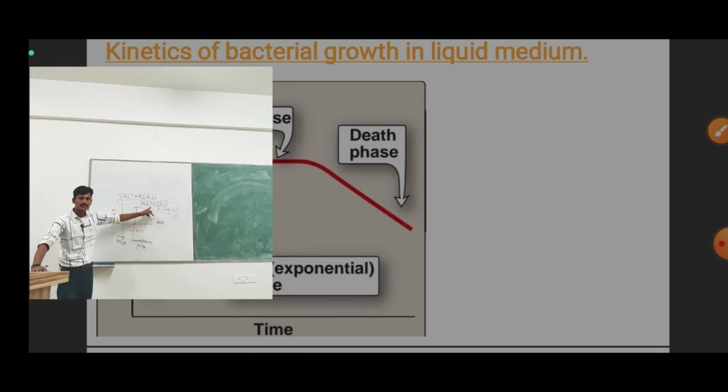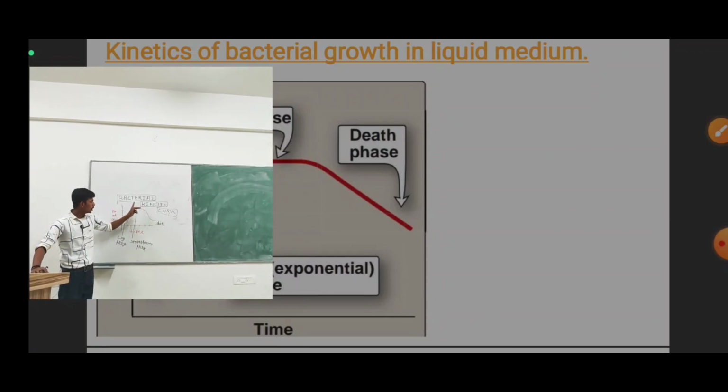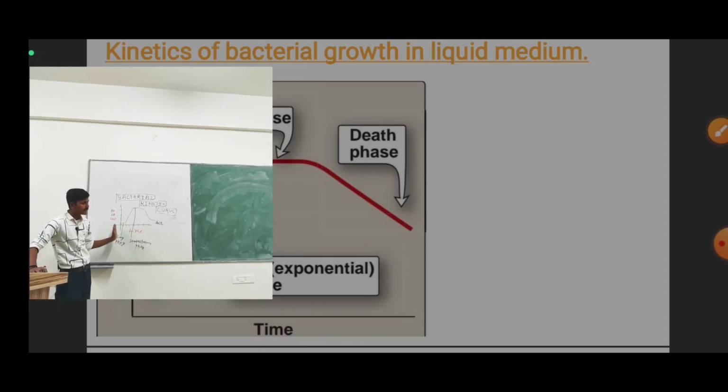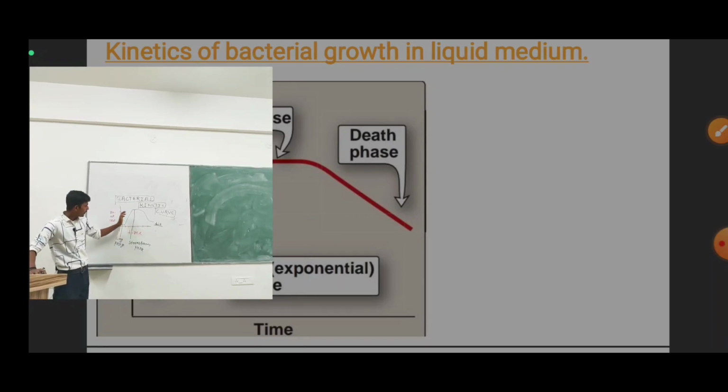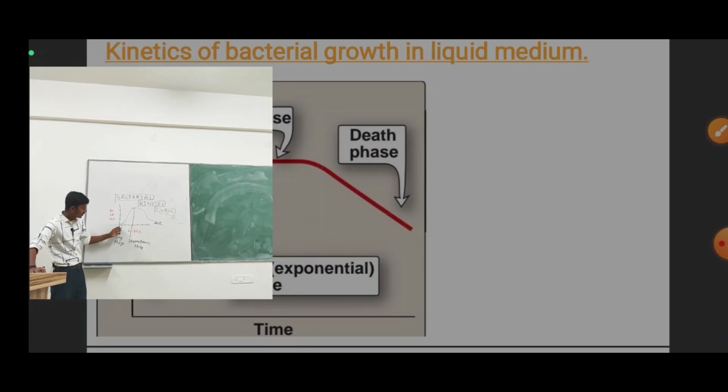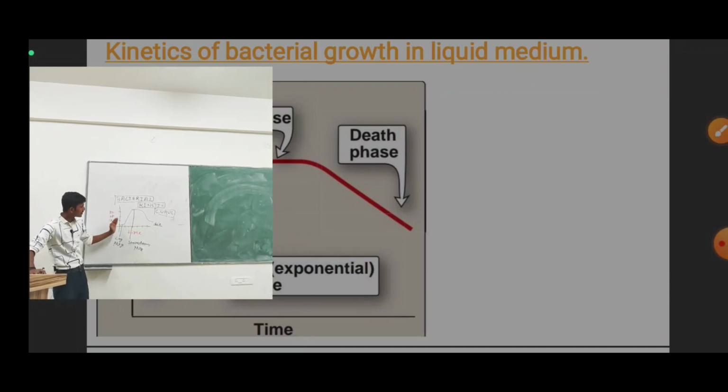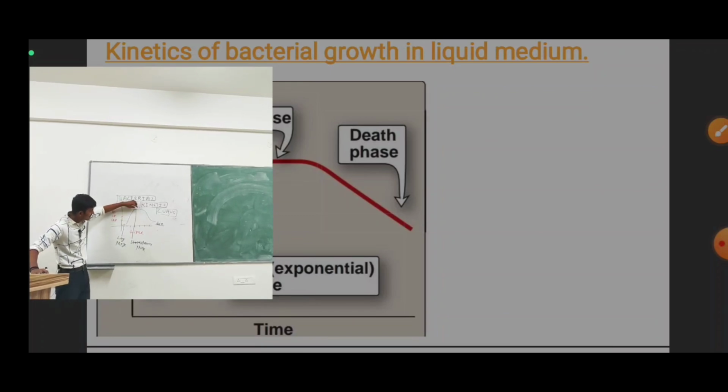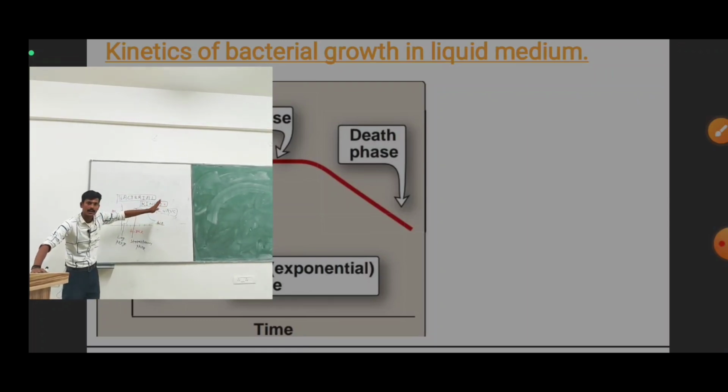Kinetic means speed. So it's basically the speed which is showing bacterial growth. Initially, they take in the nutrients, they grow slowly, then they make a large spike, a large growth, then their growth is suspended here, they won't grow from here, and then slowly they will die over a period of time.